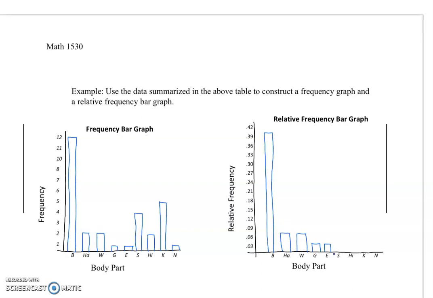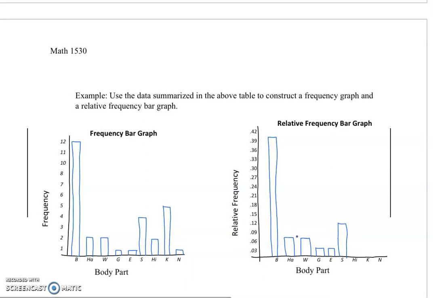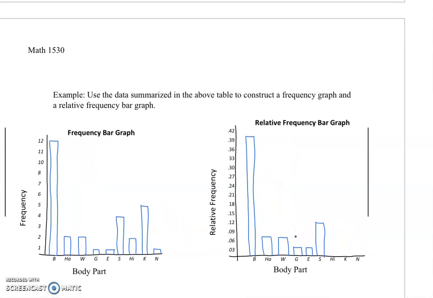Shoulder, we have 0.1333, so that's a little bit bigger than 0.12. So I guess it should be about right here. Hip is the same height as hand and wrist, so about right there.